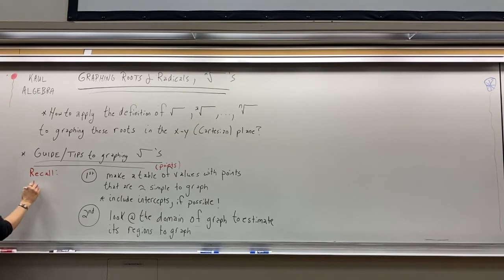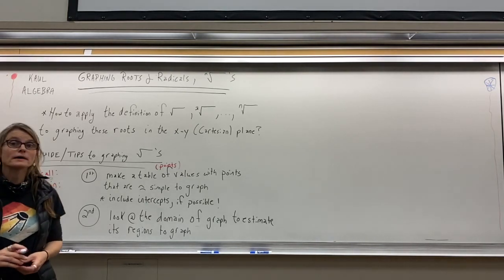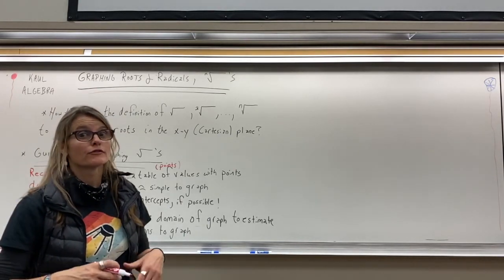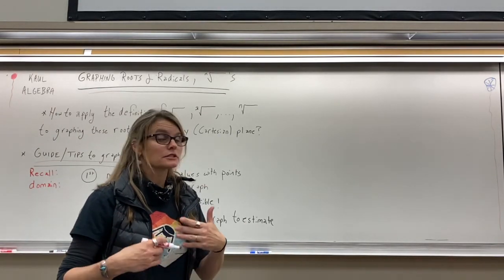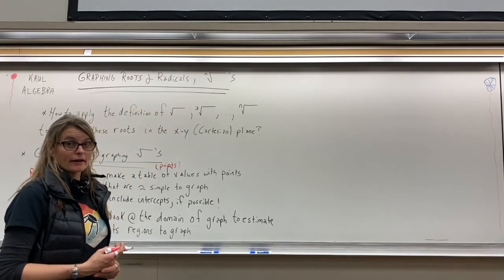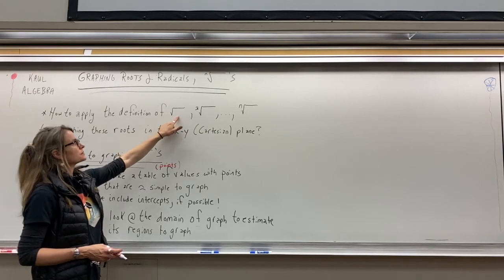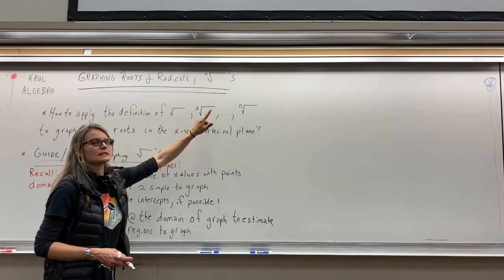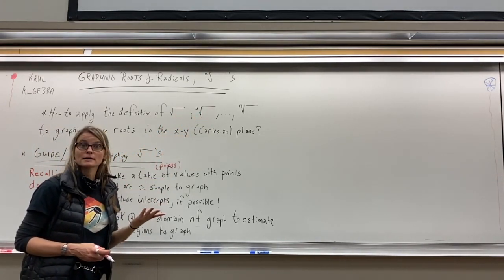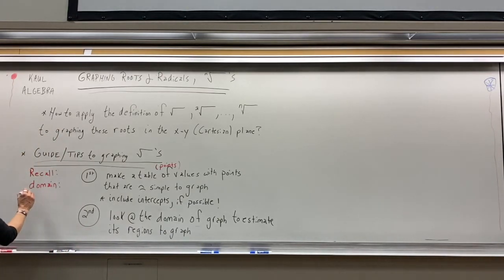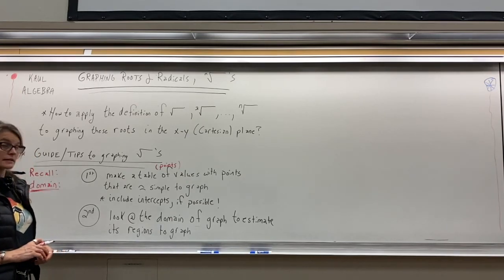The domain is all the possible X values for an equation, a function, or a graph. What we want to think of is, what are all the possible X values that we could put into these roots and radicals? What are all the possible inputs? So the domain is where the graph lives along the x-axis.